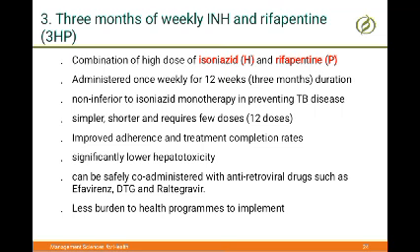Can be safely co-administered with antiretroviral drugs such as efavirenz, DTG, and raltegravir. Less burden to health programs to implement.